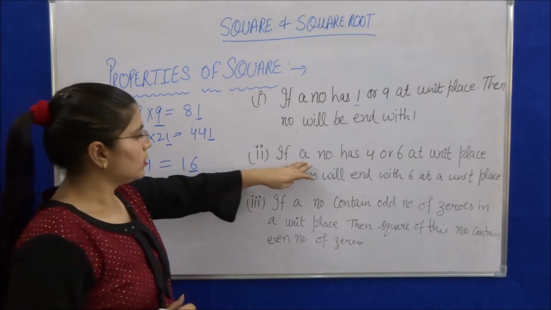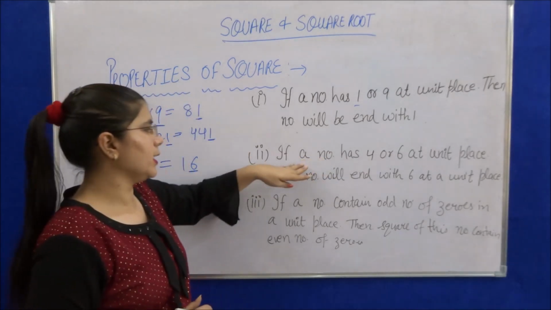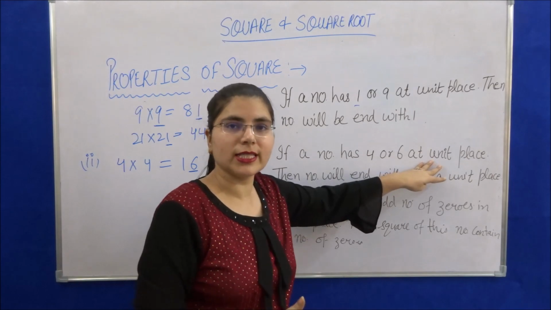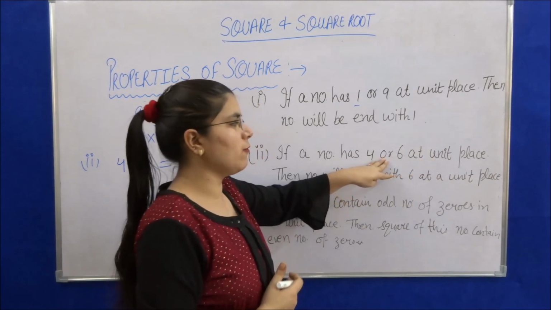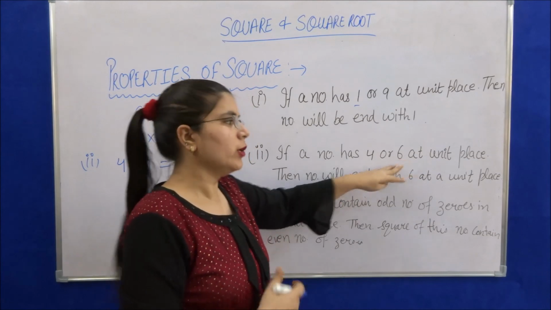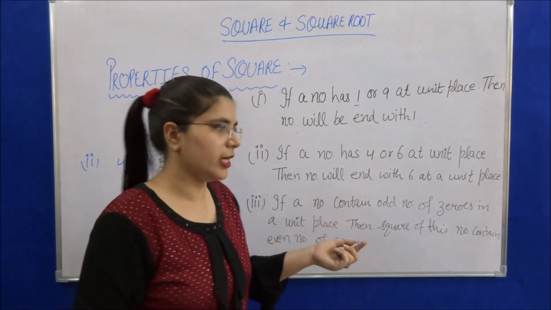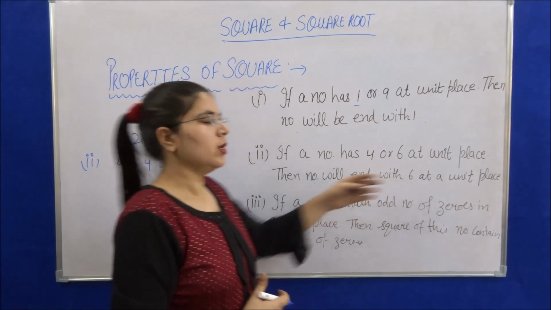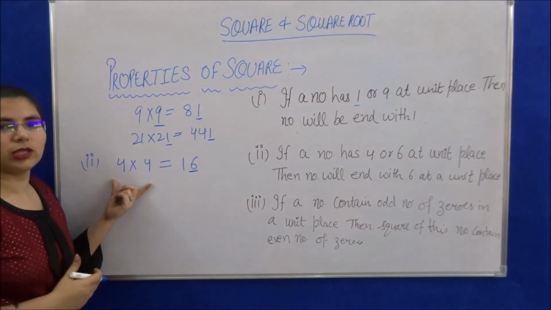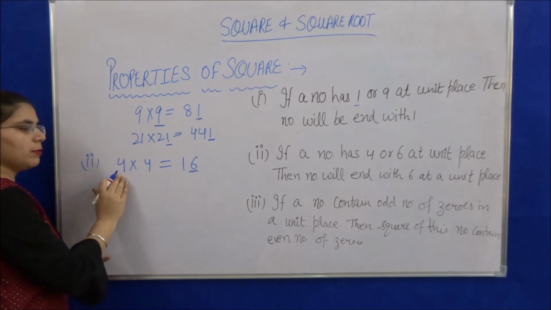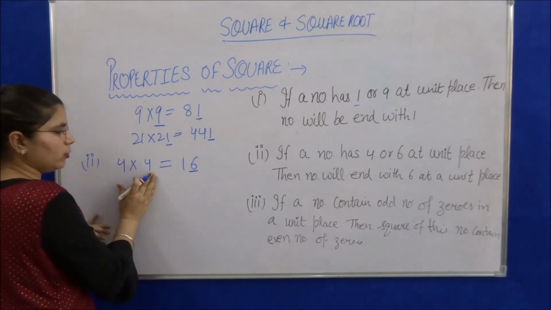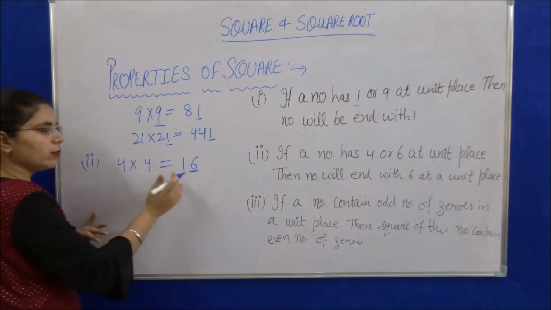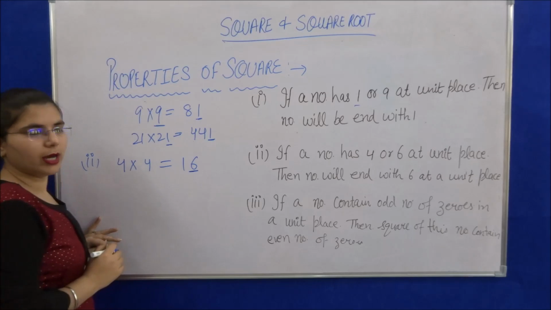So this property also explains the same, that if a number has 4 or 6 at a unit place, then when we square that number, 6 will also be present at its unit place. So if we look at this example, when we multiply 4 with 4, we get the square of 4, that is 16. So 6 will be present at its unit place.